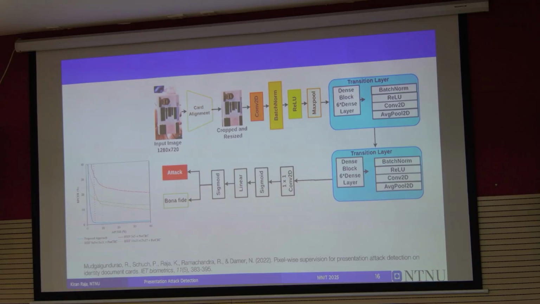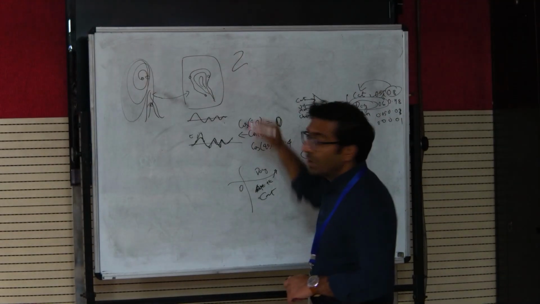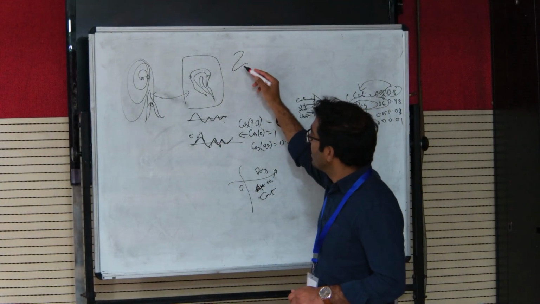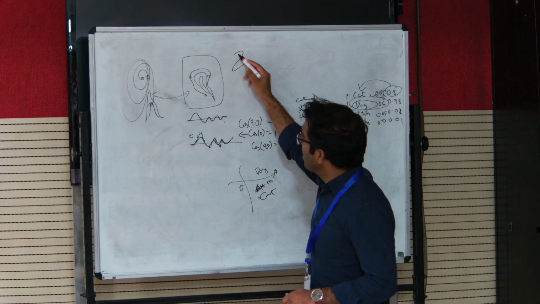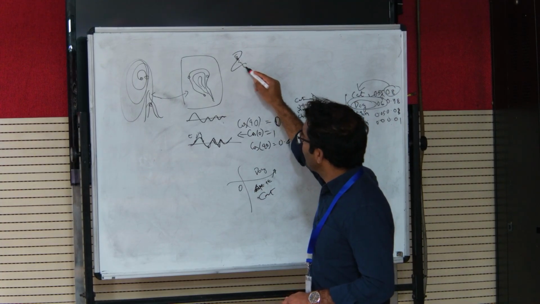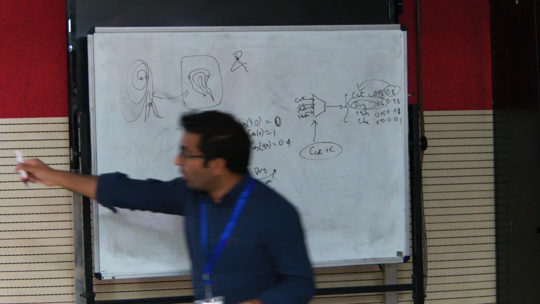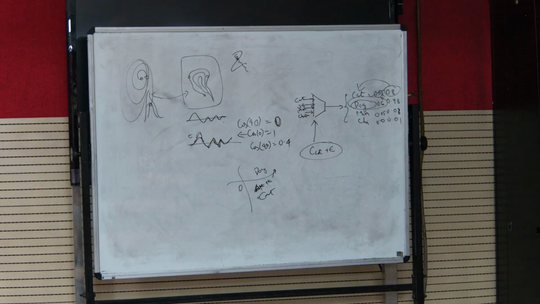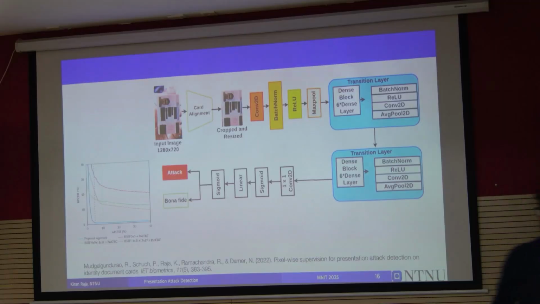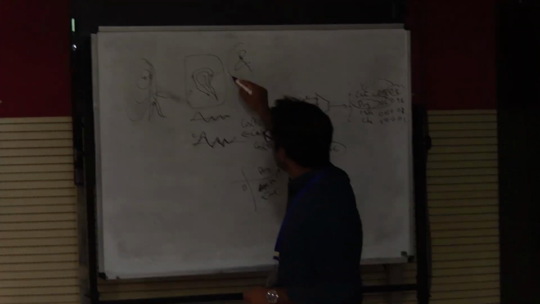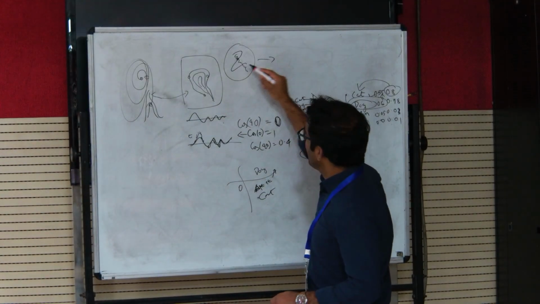So the idea was quite simple. Whenever we are looking at the manifold space, we saw that the real samples were like this, and the attack samples were like this, which is overlapping, right? So if I add one more network on top of this by cutting this one off, I can try to separate them.